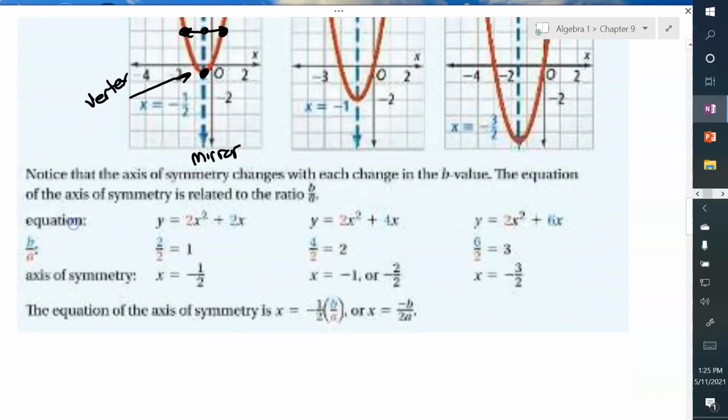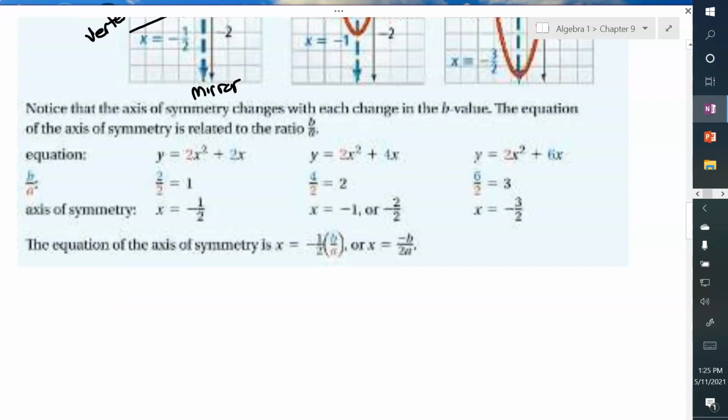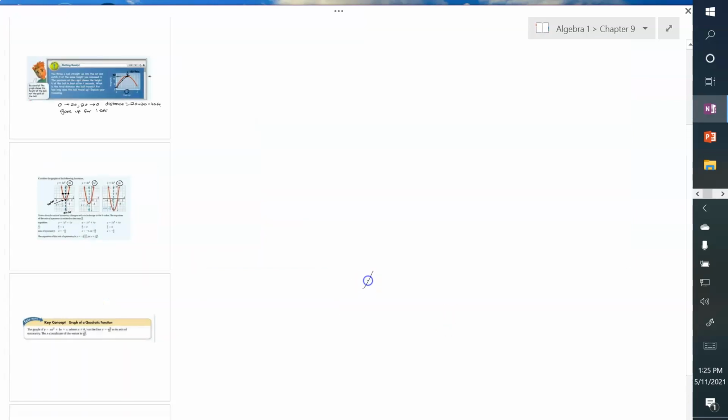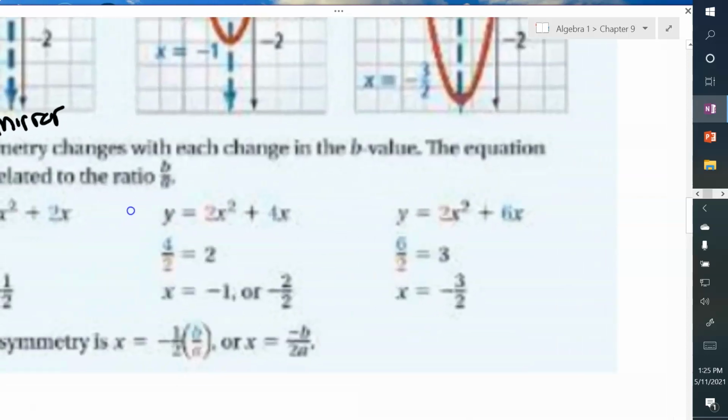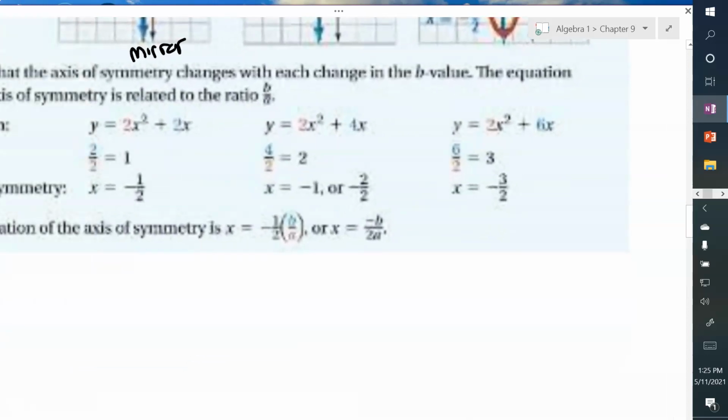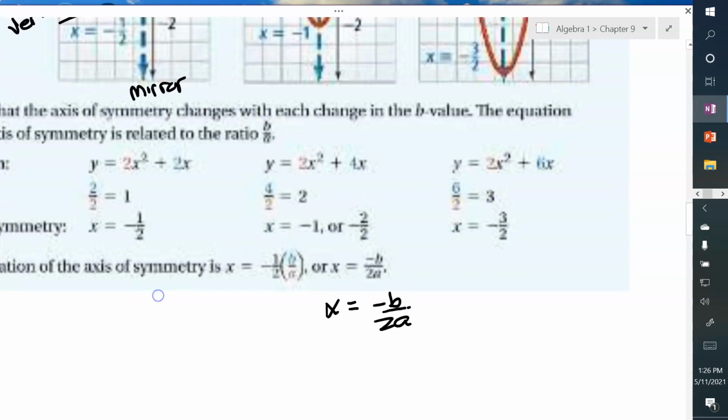Now there is an equation that we can use, which is that the axis of symmetry is going to be negative b over 2a. So if I go into my equation, my first one, I have 2x squared plus 2x.